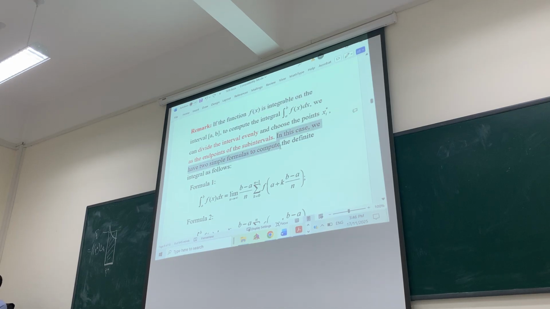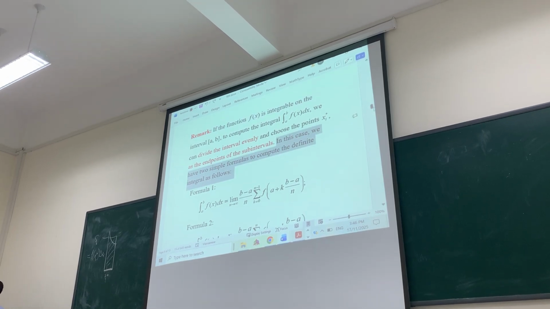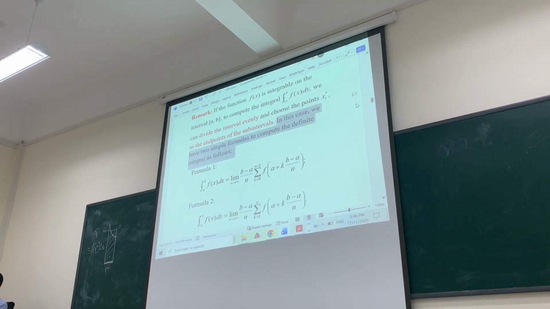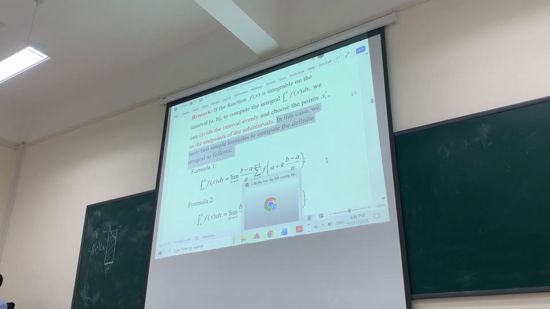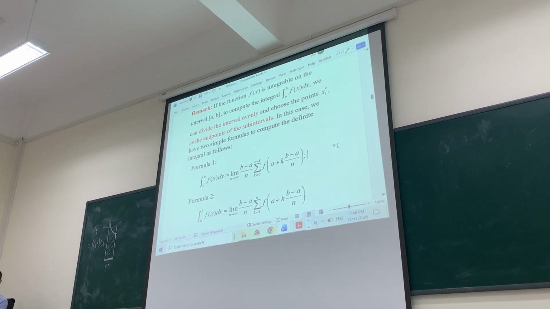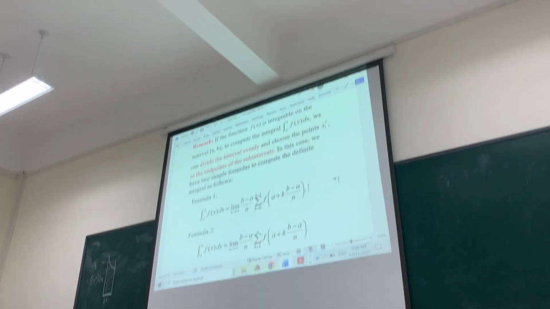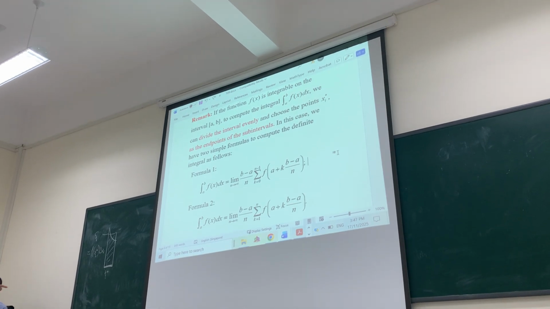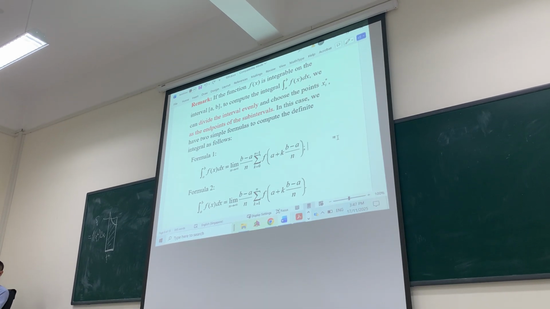Okay, in that case, we have two simple formulas to compute the definite integral. We can use the two formulas here to compute the definite integral.